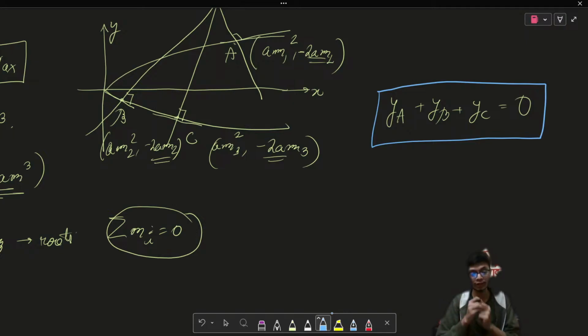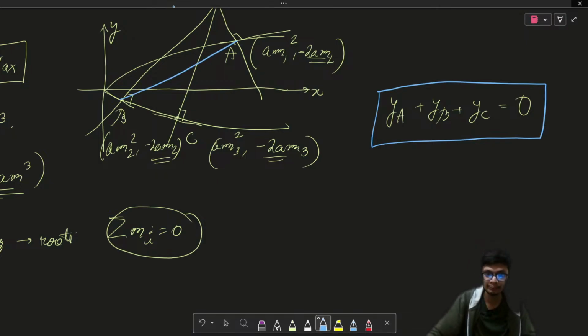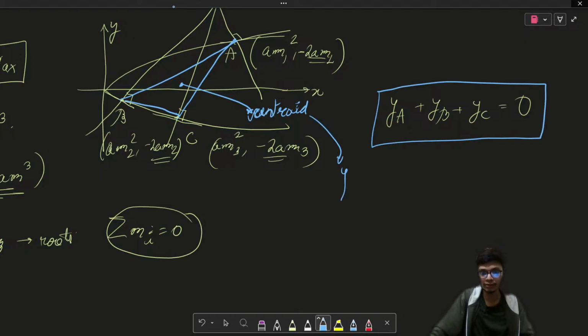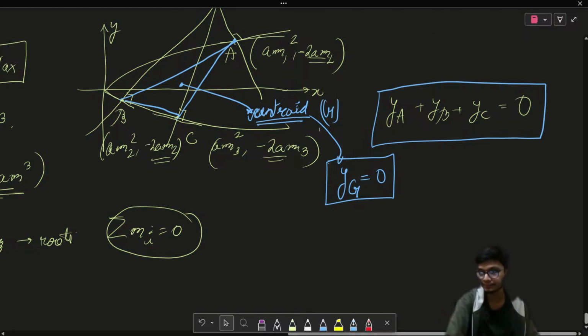That also means that if I draw a triangle with these three conormal points, the y coordinate of the centroid, let us call it G, is always equal to 0. Is this part clear to all of you?